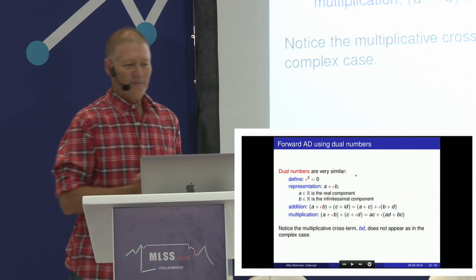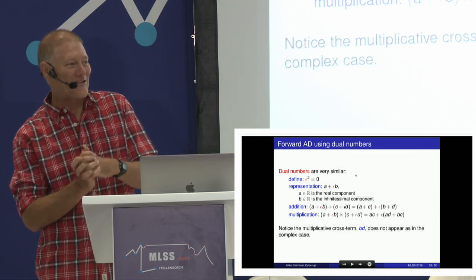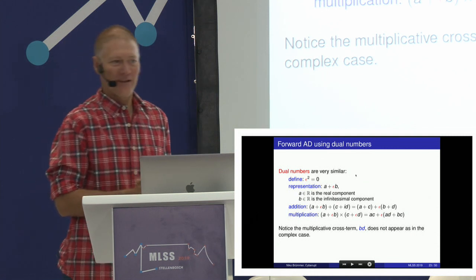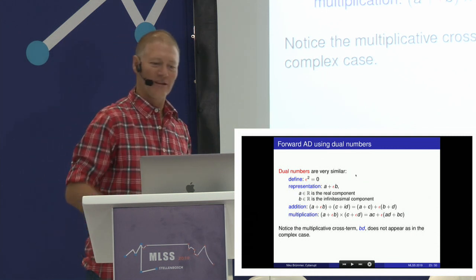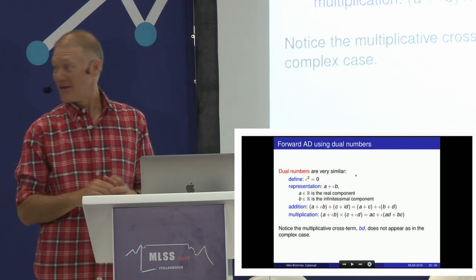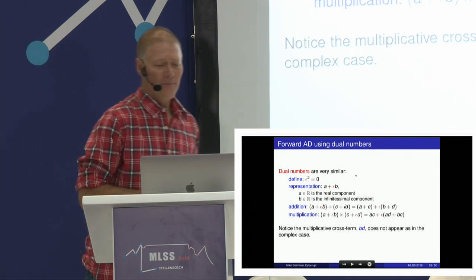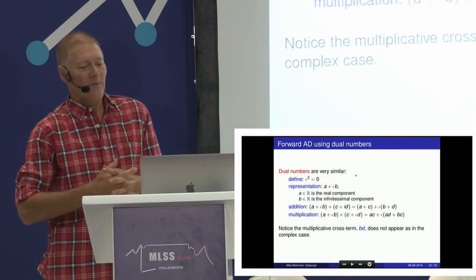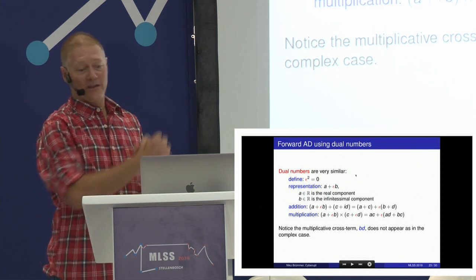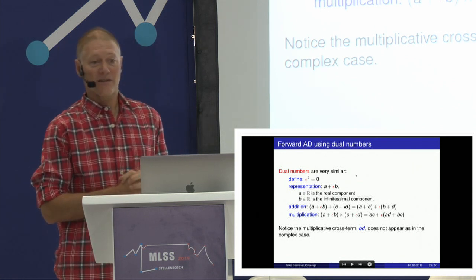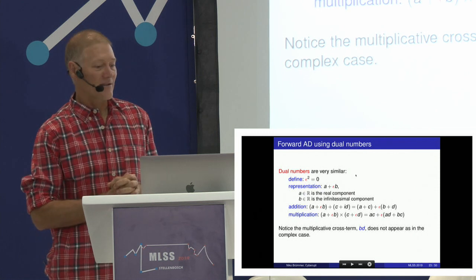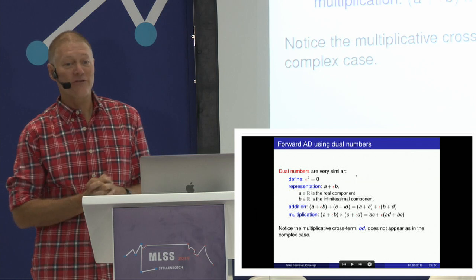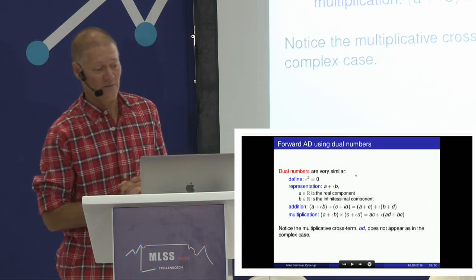It's not quite 0, but let's define mathematically that if we square it, if you square a small number, it gets a lot smaller, let's just say it becomes identically 0. This is how this number system works. So the addition, we're just adding components. The multiplication, this cross term that we had before, this bd, doesn't happen because epsilon squared is 0. And that's going to be very useful for our differentiation purposes.